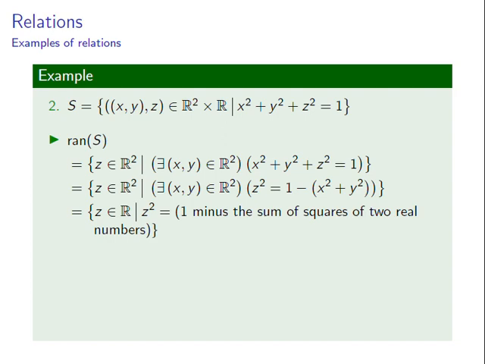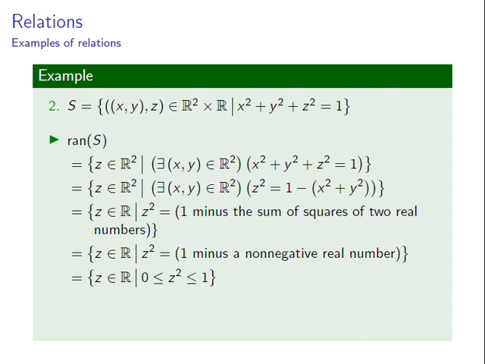Since the sum of squares of any two real numbers is a non-negative real number, and since every non-negative real number can be written as the sum of the squares of two real numbers, the range is equal to the set of all real numbers z such that z squared equals 1 minus a non-negative real number.